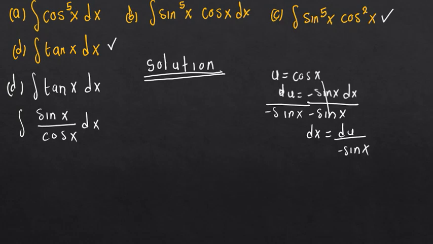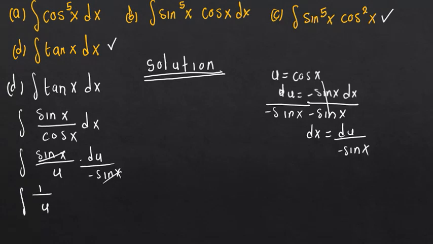So meaning this can also be written as sine x over u, then while there's dx we put our du over negative sine x. So that and that will go. We're going to have the integral of 1 over u.